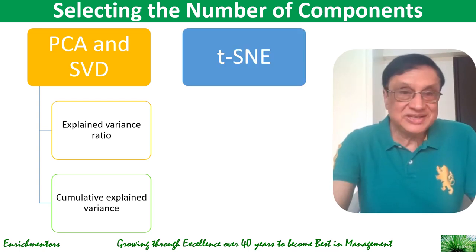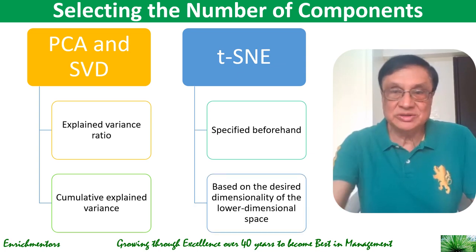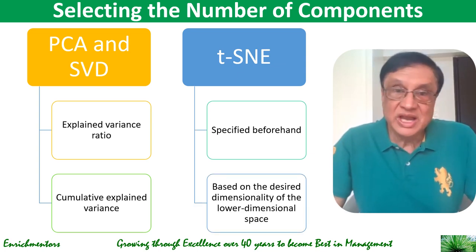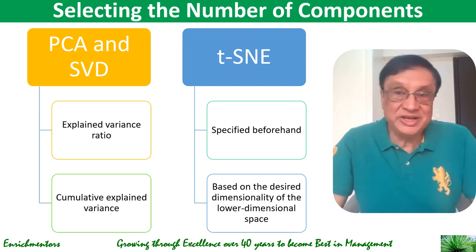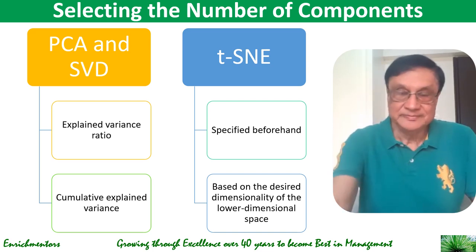For TSNE, the number of components is specified beforehand, and it is typically based on the desired dimensionality of the lower dimensional space. So you say, I want a 2-dimension space, a 3-dimension space, or a 5-dimension space, and TSNE runs accordingly.